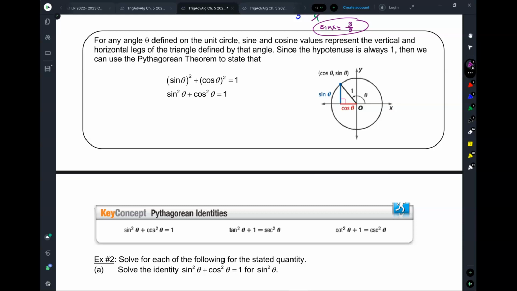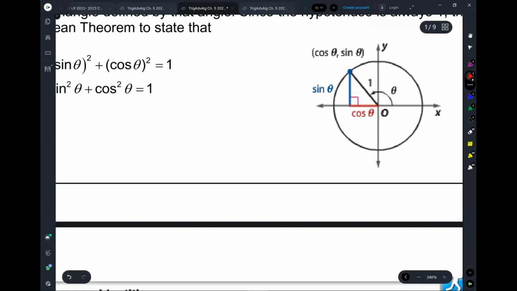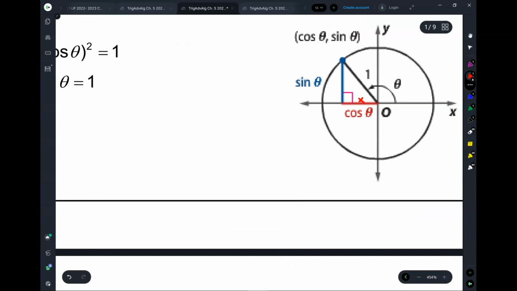Okay? Now, the horizontal, or the x, is always the cosine, and the vertical is always the sine. Now, this is also a right triangle. So if we wanted to use the Pythagorean theorem on this, what would this be? y squared plus x squared equals what?